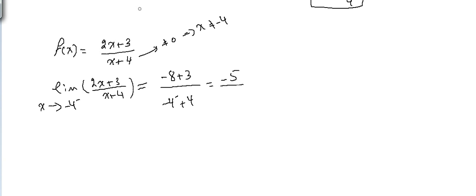Negative 4 minus means a bit before negative 4, it's negative 4 minus epsilon. Since the absolute value of negative 4 minus is more than the positive 4, that will be 0 minus, and the answer will be positive infinity.